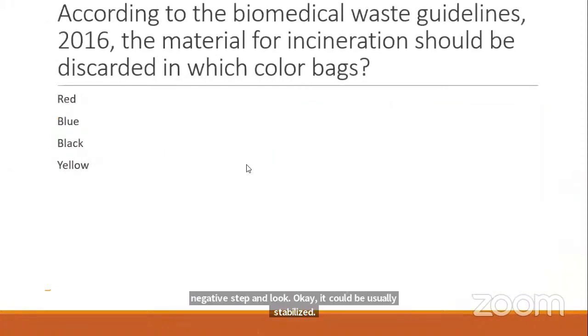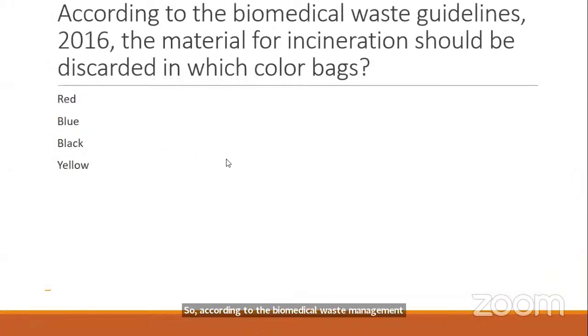According to the Biomedical Waste Management Guidelines 2016, the contents of which bag can be used for incineration? No, it is not the red bag. The red bag contains all the plastic materials. We cannot incinerate them, it is very toxic to our environment.